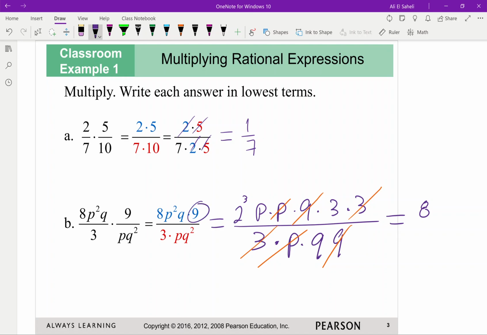And we have 3 left here, so 3 times 8 is 24. P, okay, no more numbers in the denominator, but we still have a Q. Okay, so this is the right answer. So I might have forgotten about the 3 over here.